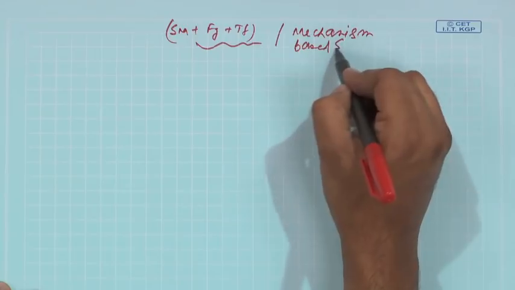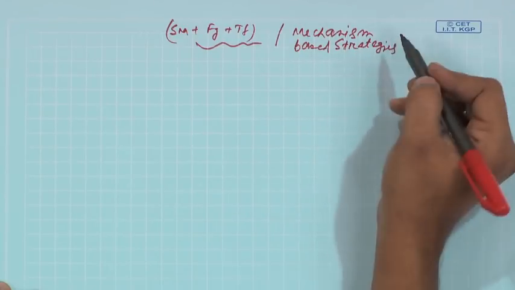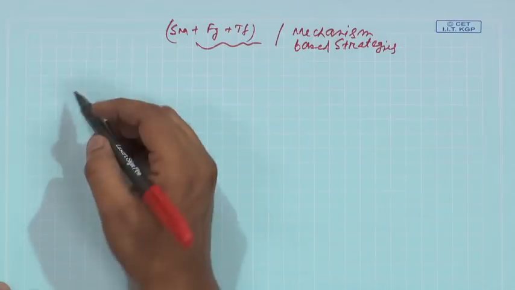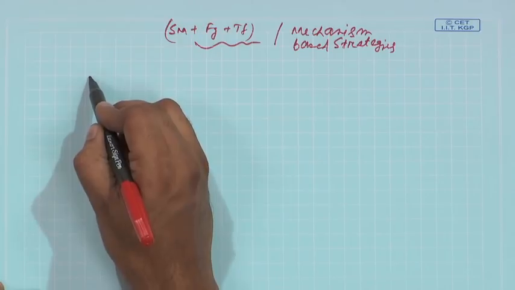Mechanism based strategies are basically an extension of transformation based strategies, meaning if you are quite sure about the mechanism of a key transformation or named reaction, you can design that if this mechanism operates this way, then this functional group might lead you to that target molecule. We will now explore this mechanism based strategy through a simple example.